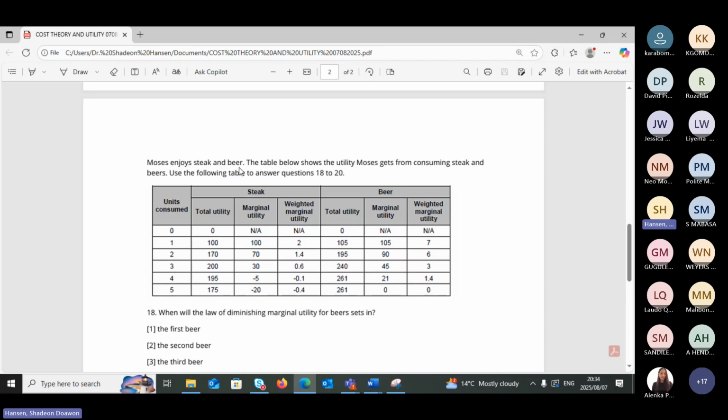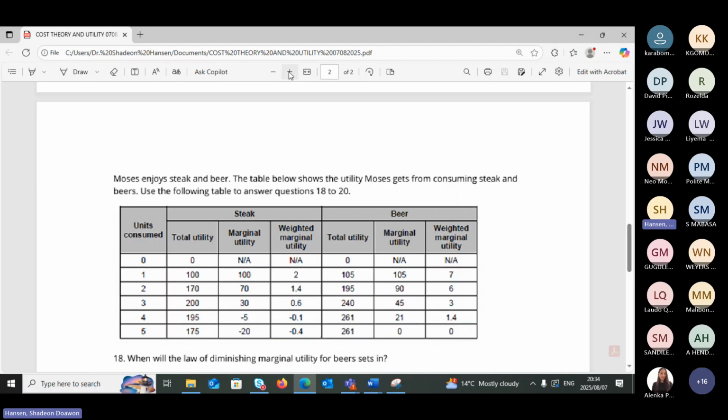Remember, the aim of the consumer is to maximize utility, to maximize his or her satisfaction. The table shows the utility Moses gets from consuming steak and beers. Use the following table to answer questions 18 to 20. We're going to reference the table in our questions.